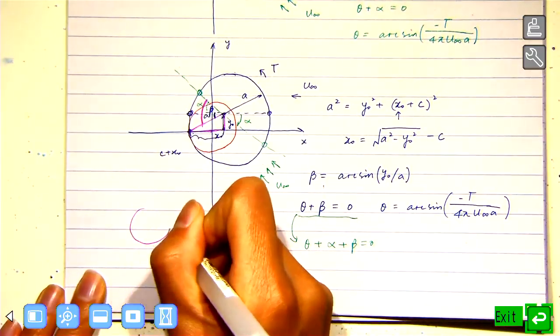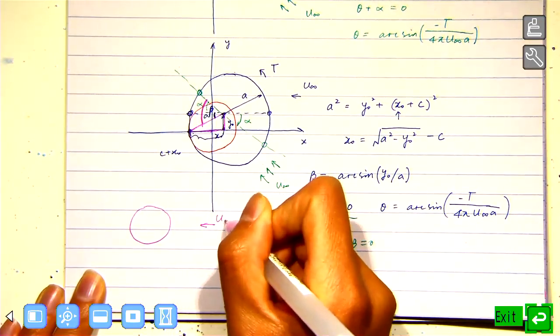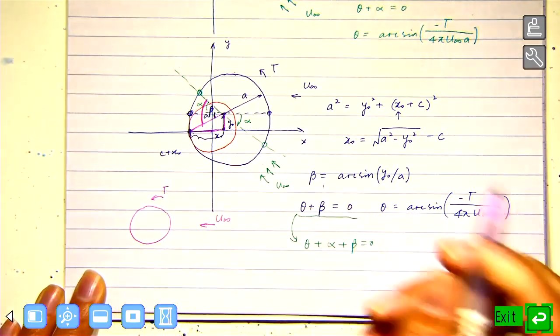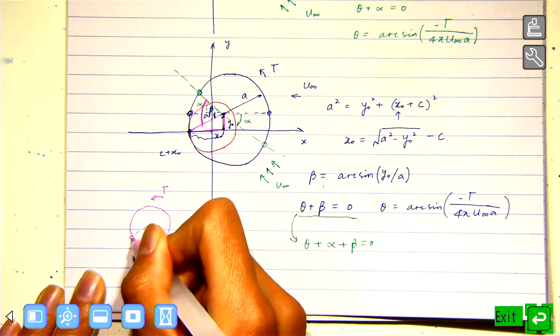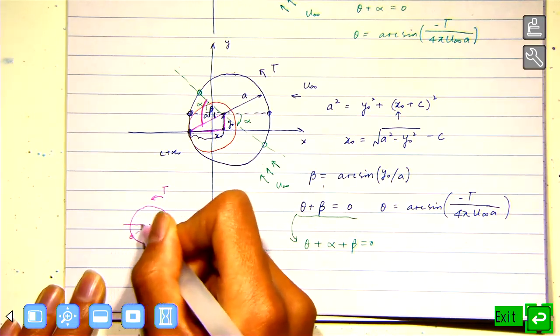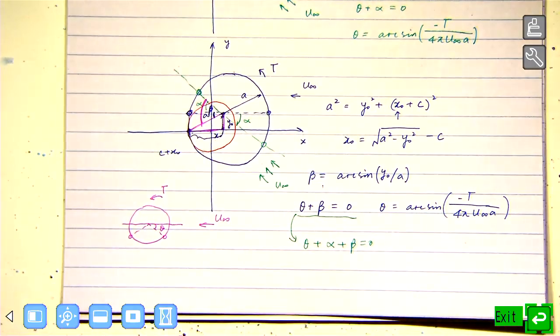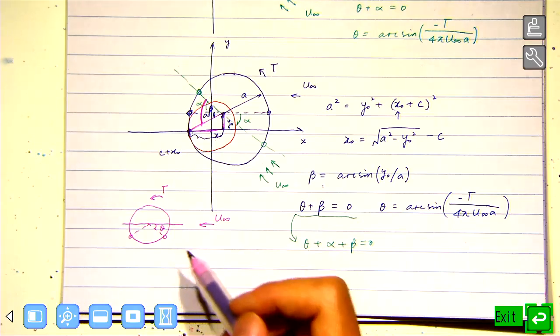This is a circle, and the flow is coming this way. And we have a circulation, gamma. So the two stagnation points will be moved to here and here. And we define this angle as theta. That's the angle of how much the stagnation point has been moved.